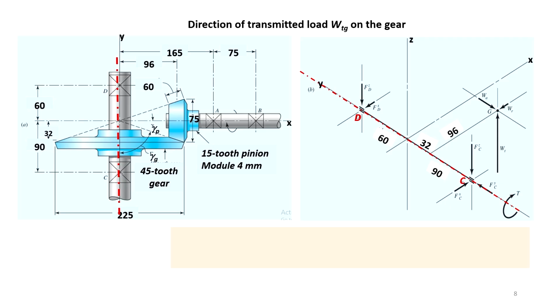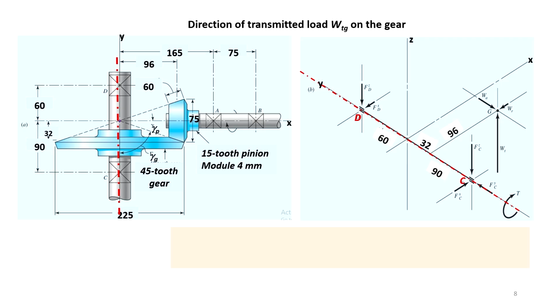The coordinate system is taken in such a way that this apex is the origin, the axis of the pinion is the x axis, the direction from the apex to bearing D is the y axis, and perpendicular to the screen is the z axis. The free body diagram of the gear shaft is shown here.